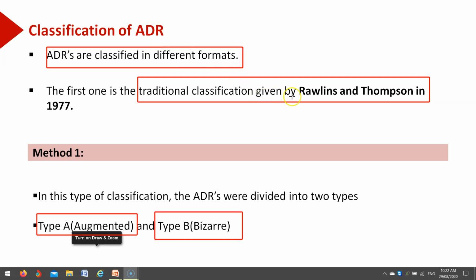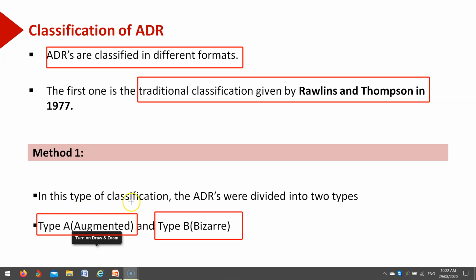In this type of classification, the ADRs were divided into 2 groups mainly: type A, Augmented, and type B, Bizarre. Augmented, in simple terms, is the known, predictable effects, and Bizarre is unknown, unintended, and cannot be predicted. It is unpredictable in nature.